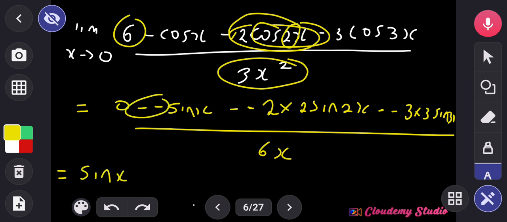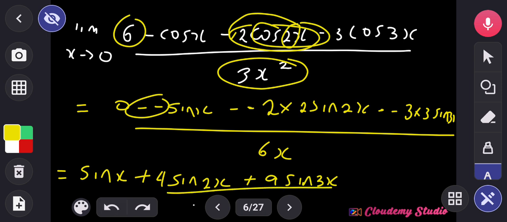Minus times minus, that is plus 4 sine 2x. Minus times minus, that is plus 9 sine 3x. Everything divided by 6x. Now, if you input 0 in this one, we are still having 0 at the denominator, which means we are not there yet. We are still going to differentiate again.